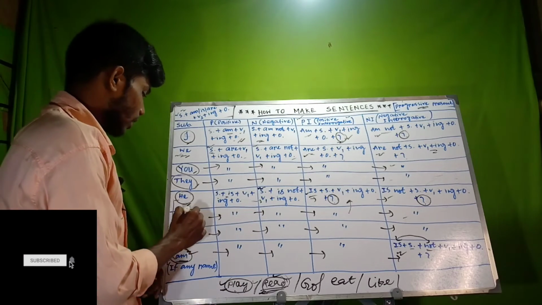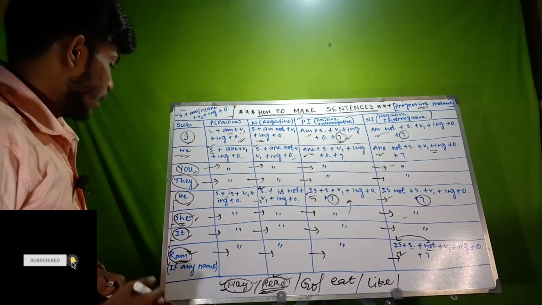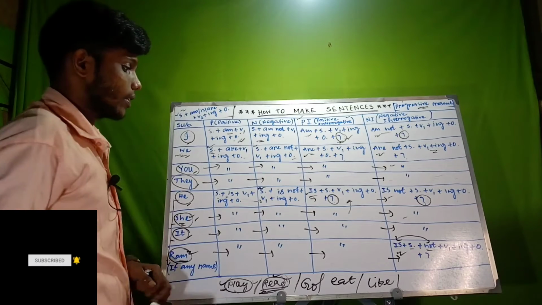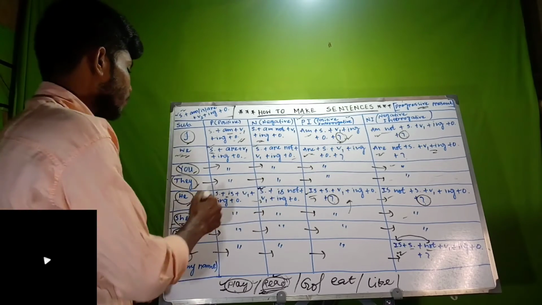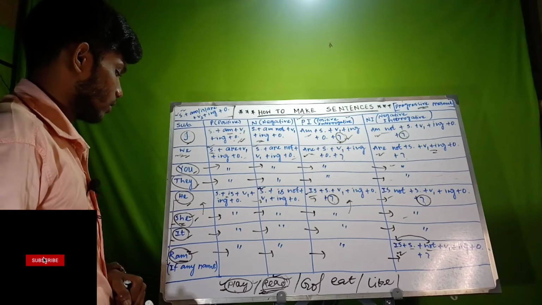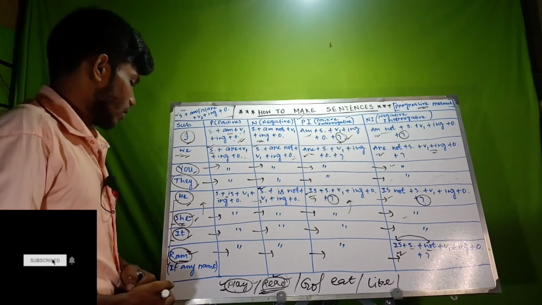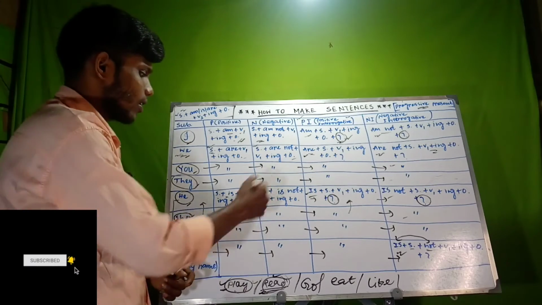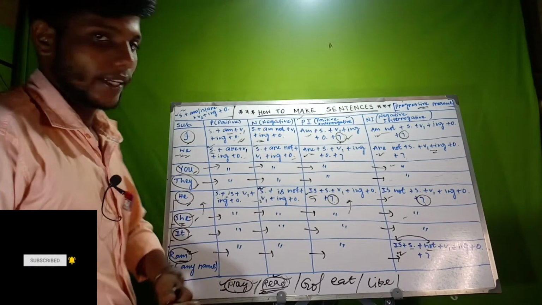Then another subject, she. In this subject the four segments are the same as he. She is reading, or she is reading short story. She isn't reading. She isn't reading newspaper.